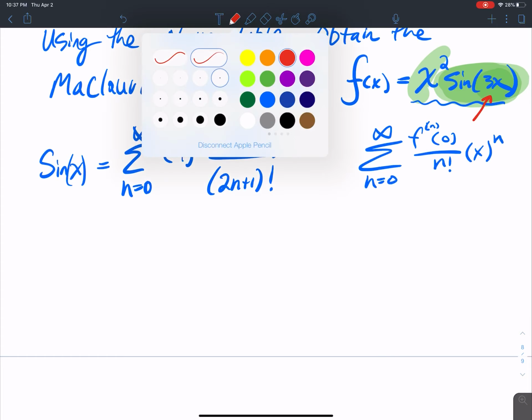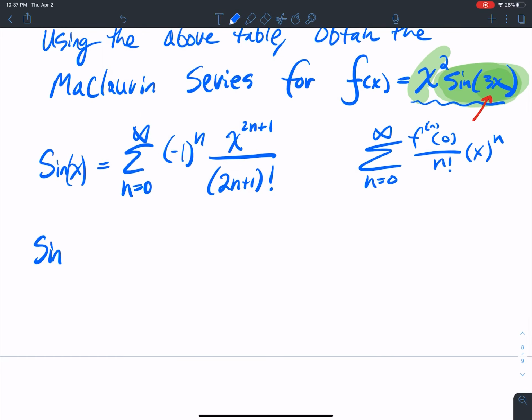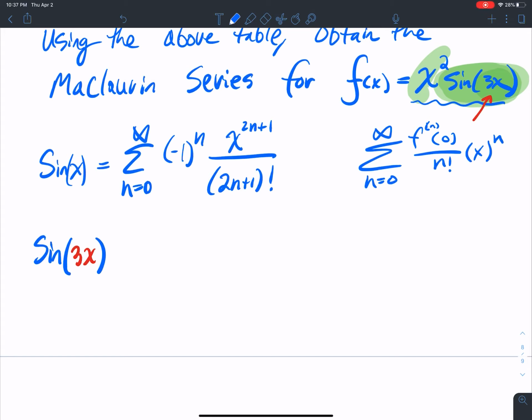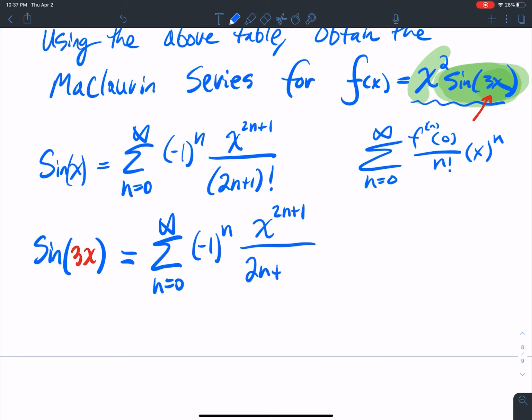So let's convert this sine to sine of 3x. If I convert this now, what happens? This becomes the sum from 0 to infinity of -1 to the n, x to the 2n plus 1 over 2n plus 1 factorial. But instead of having an x here, what do I have? I have a 3x.